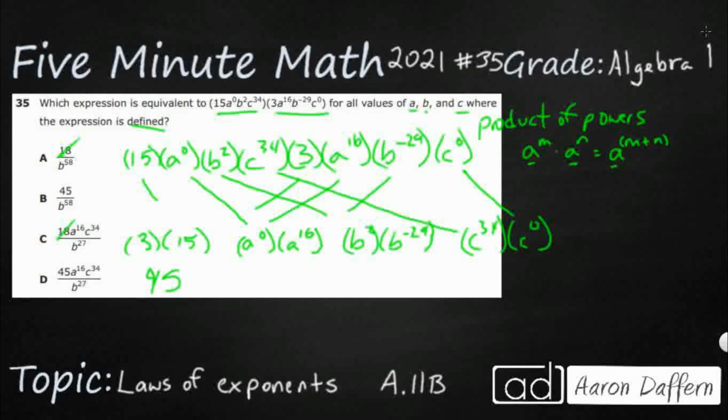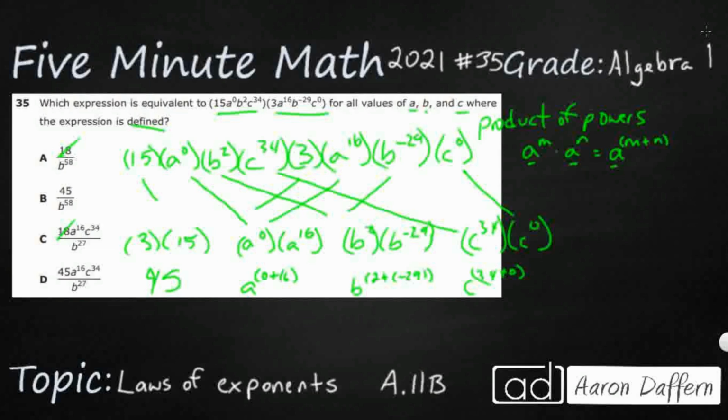So product of powers, this is going to be A, and then I just take my two exponents, 0 plus 16, right? Take my B, so this is going to be 2 plus negative 29. And then this is going to be C, 34 plus 0.